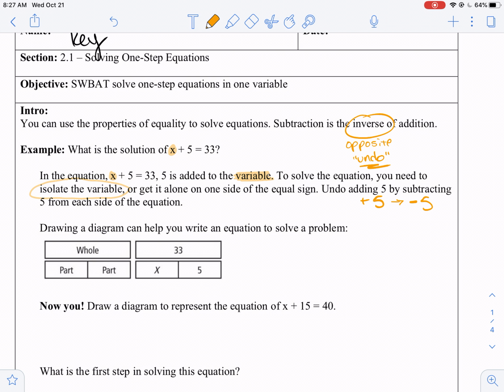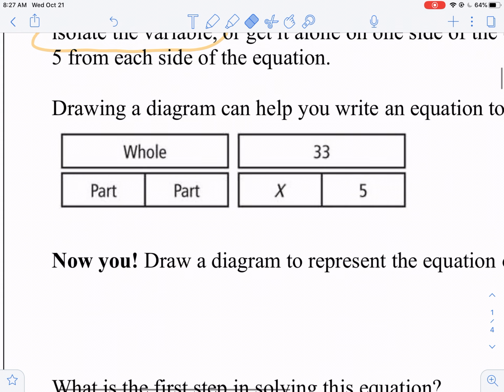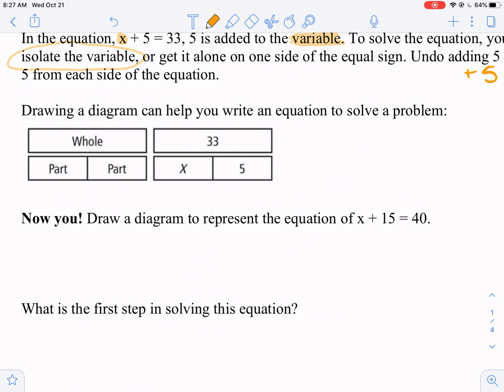Now, if you are like me and you like visuals, I have this diagram here for you. We know that our total, x plus 5, whatever that is, is equal to 33. So the whole thing is 33, and then we have two parts added together, x plus 5. So 33 equals x plus 5.